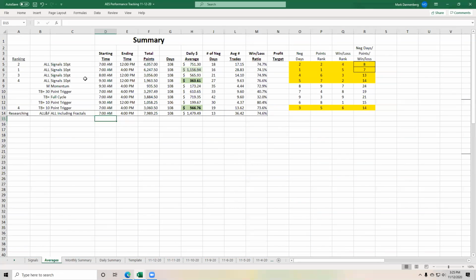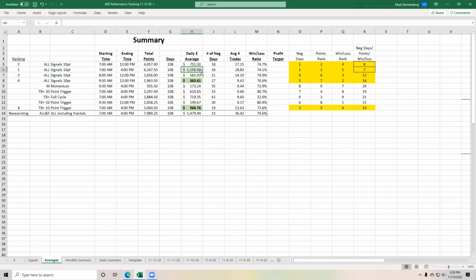If we take a look at our averages, the all signals 7 to 4, where we're looking for a 10-point profit, but locking in 5 points when we have an opportunity, we're averaging per contract just under $1,157.